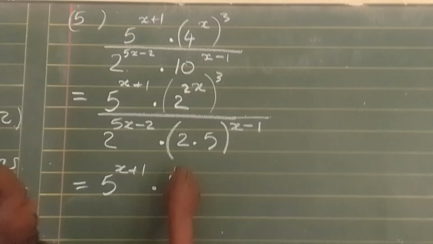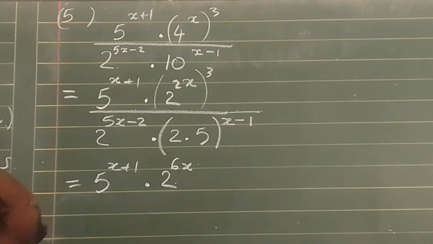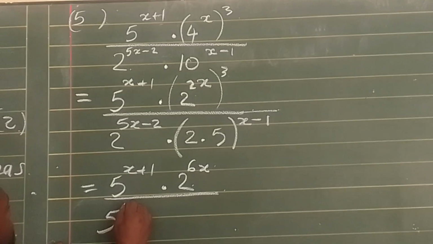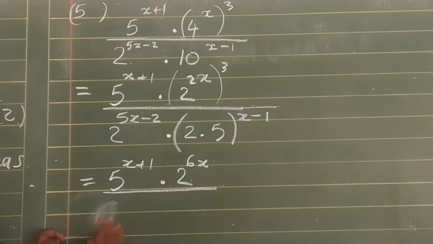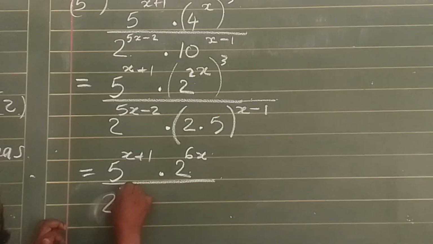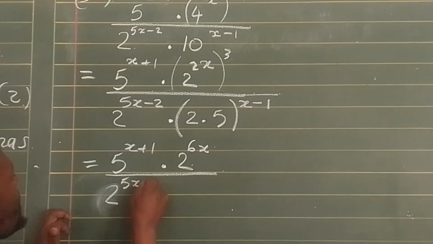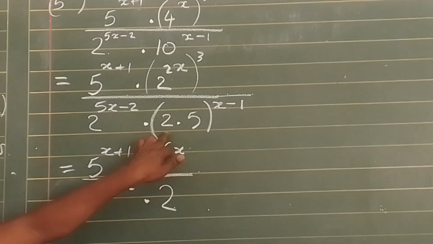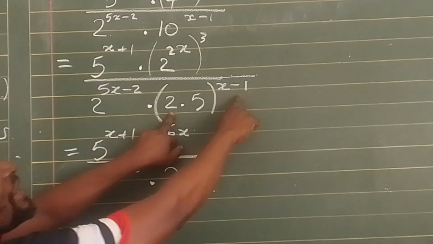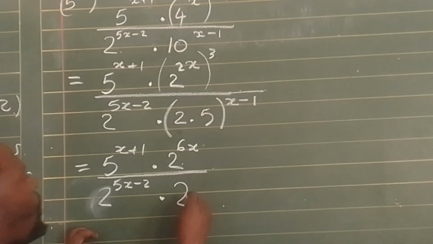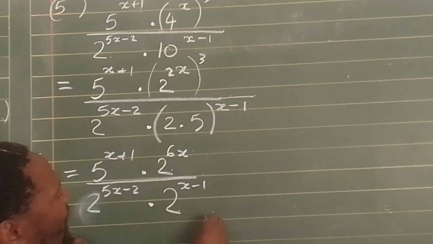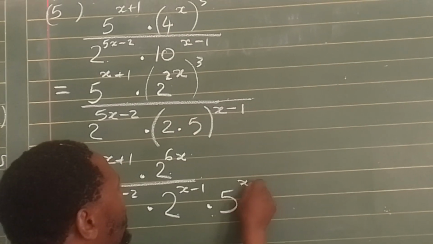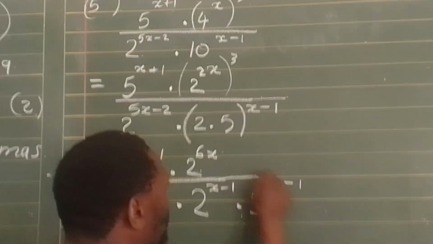You get what? 6x. You divide by 5 to the power, it's 2, 2 to the power 5x minus 2 multiplied by 2. Now you show that this 2 must honor this x minus 1 multiplied by 5 raised to the x minus 1.